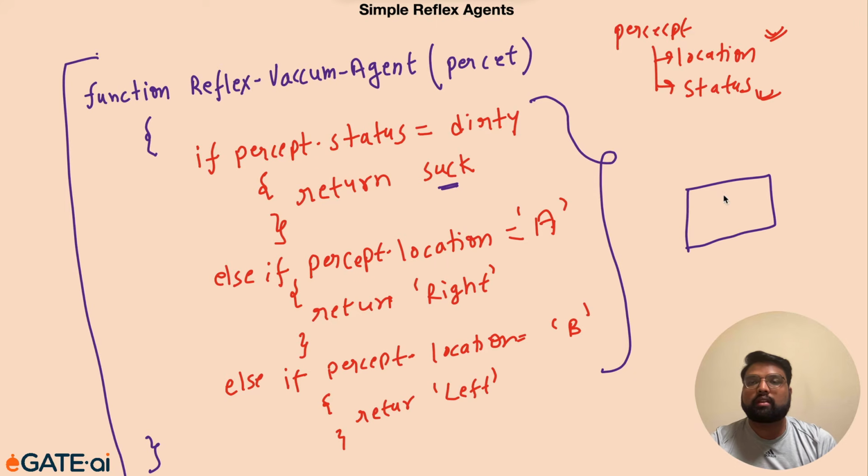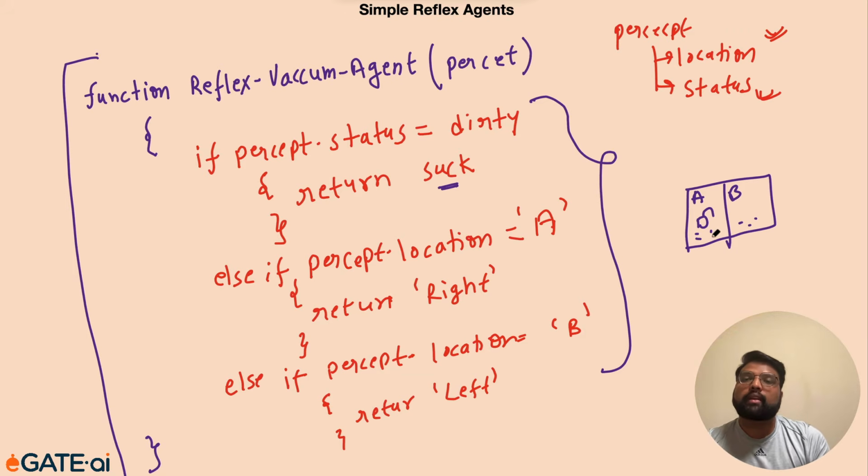Suppose this was your block A, this was your block B, and this was the vacuum cleaner, right? Suppose the location sensor is not working, or there is no location sensor present and there is only one sensor that tells if the current block is dirty or clean, right? In that case, the environment is not fully observable. It cannot see in which block it is, right?